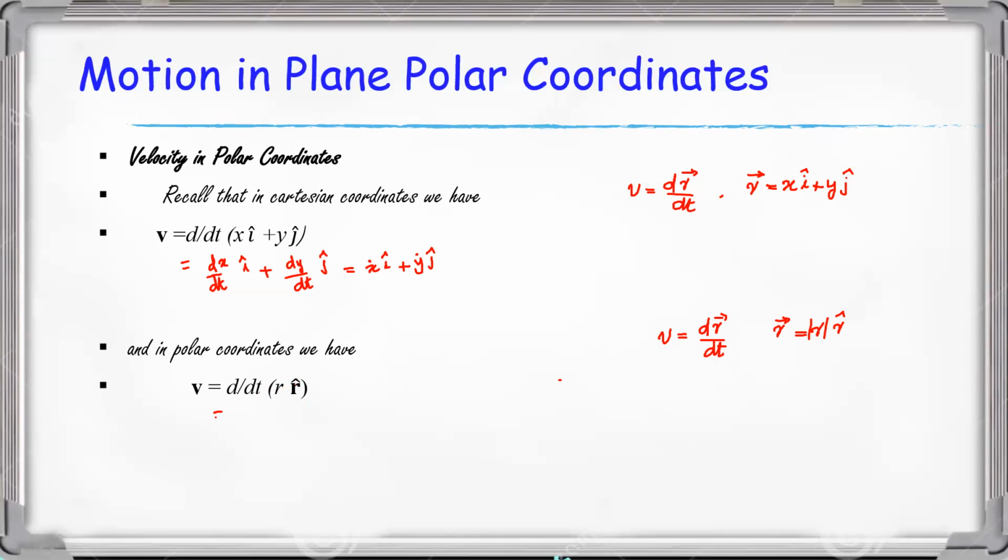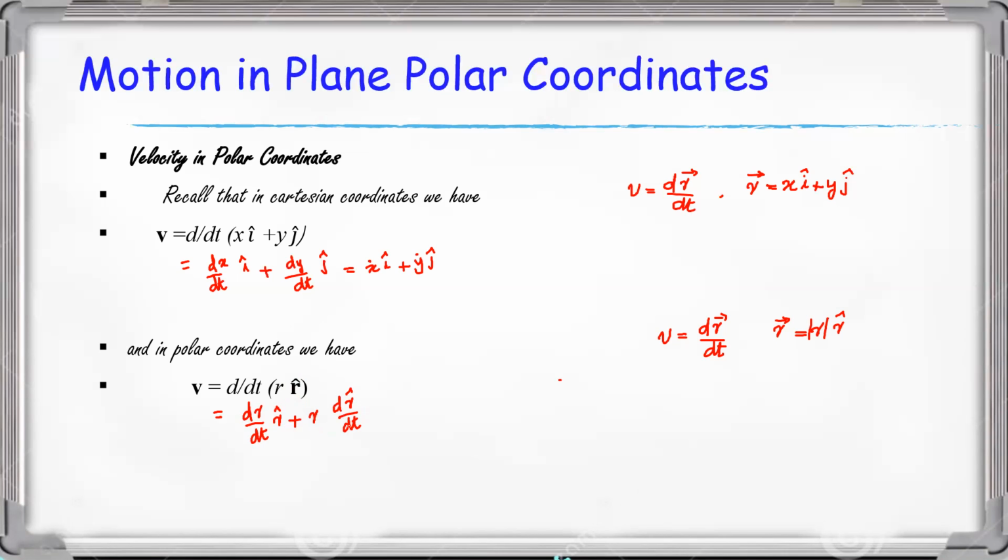So here we must differentiate these using product rule. Then we can write it as dr divided by dt r cap plus r d r cap divided by dt.